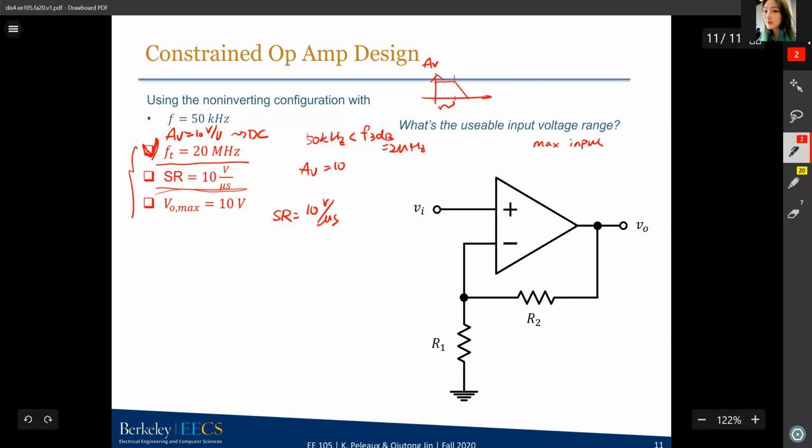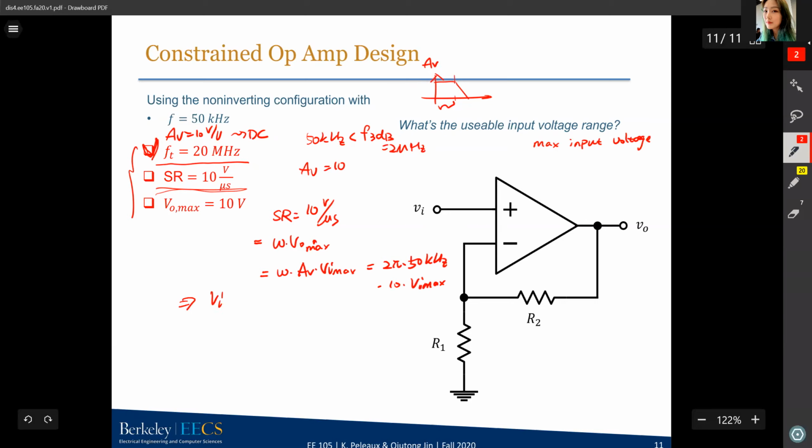So my maximum input voltage for slew rate will just be omega times V0 max, and your VL max will just be omega times AV times VI max. Your omega is 2 pi times 50 kHz, and AV is 10. So you can just calculate your max input voltage using slew rate.